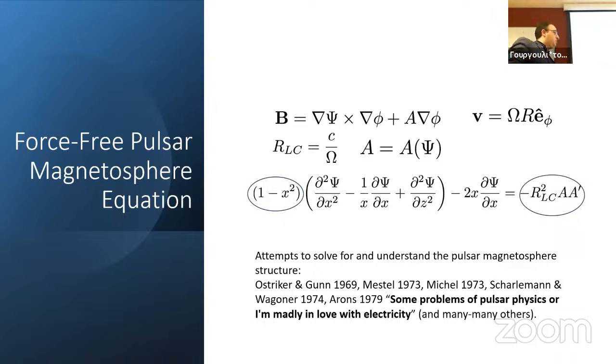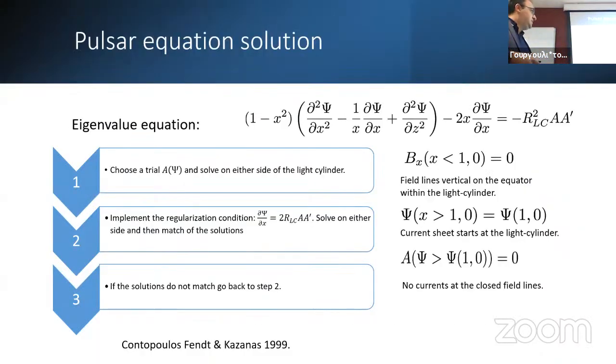One was the so-called split monopole, but it was giving some kinds of discontinuities. Now, this problem goes away if we realize that essentially this equation is in principle two eigenvalue equations. So what we want to do is solve this equation both inside and outside the light cylinder, and then match the solution.